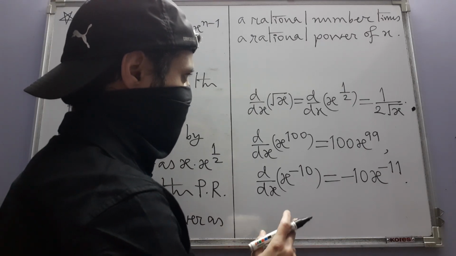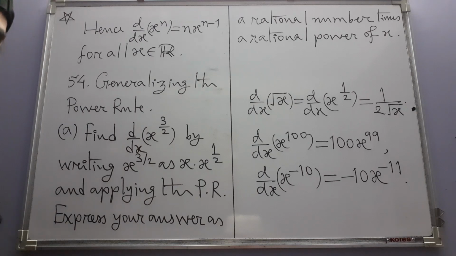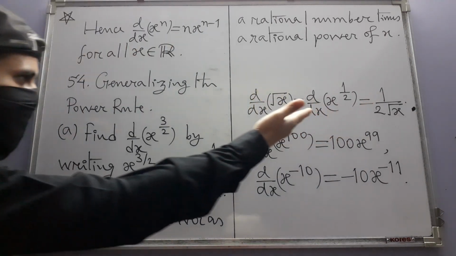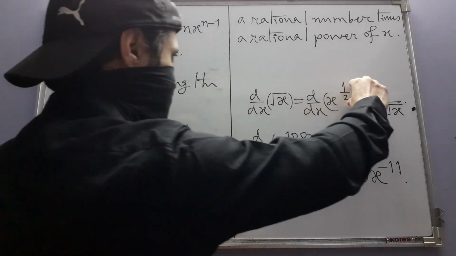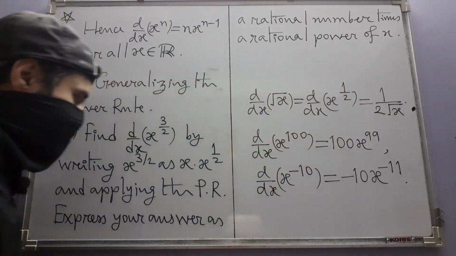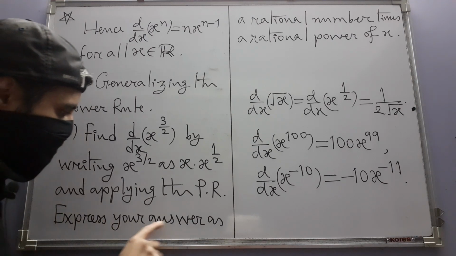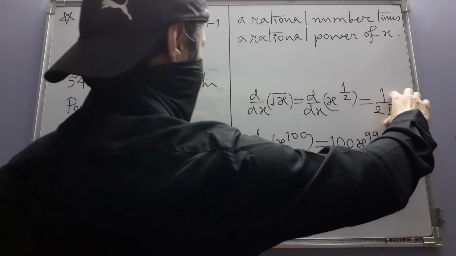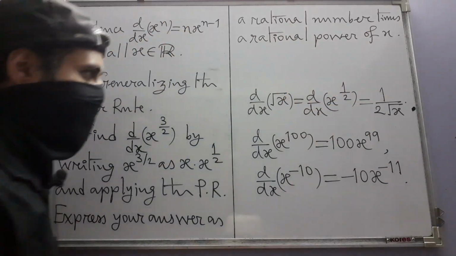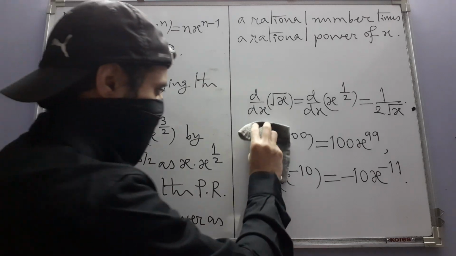Now before I clean this part, let's just see for a moment what this last portion tells us to do. We already know, for example, this is one such situation where the exponent is a rational number, and for this one we already know the derivative. But then the authors ask us to express this answer as a rational number times a rational power of x. Let's do that for this one and see what we get.